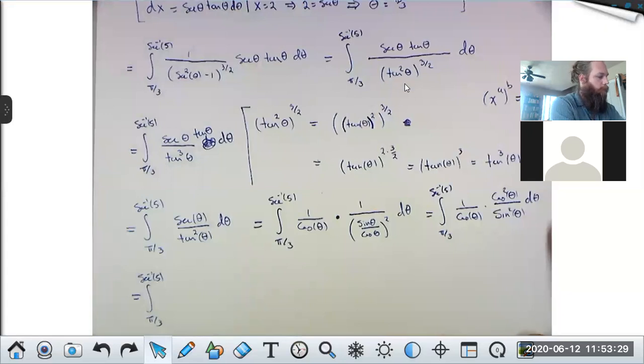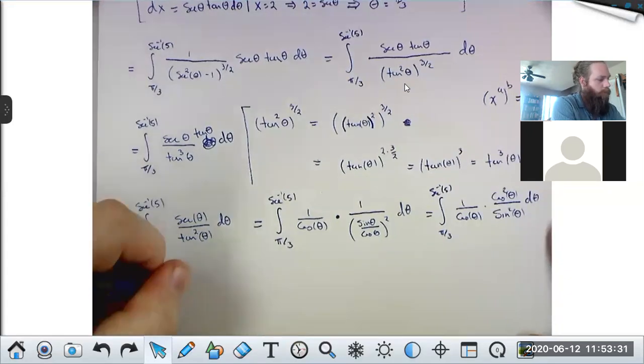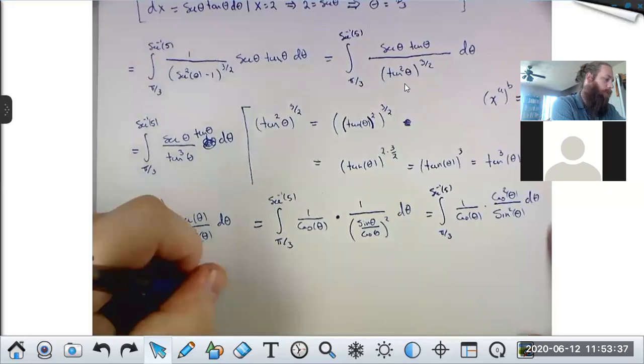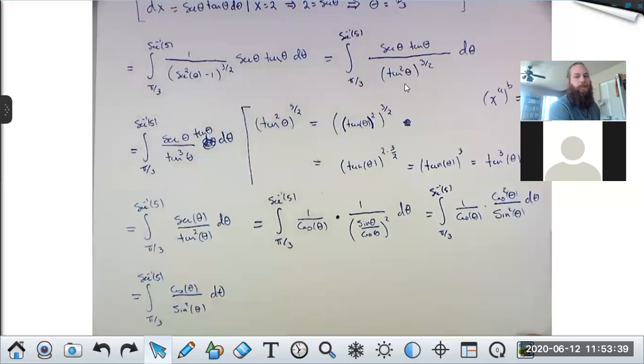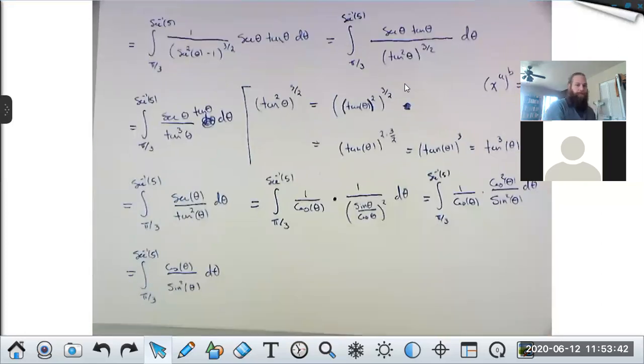And I'm left with cosine over sine squared. This is a good candidate for a little substitution. Or if you're feeling extra sneaky, I do see something else.